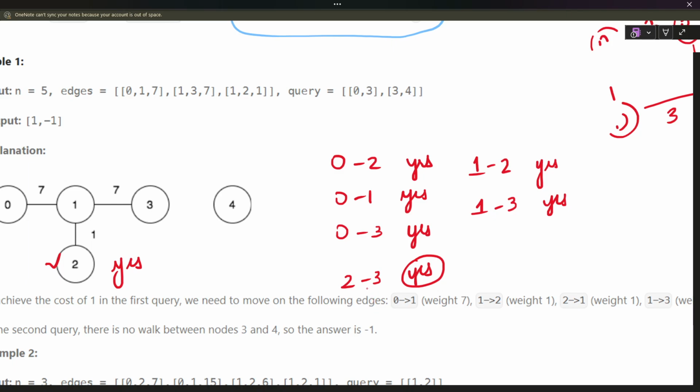Okay. So it means that these all are in the same component, so we can go. Can we go 0 to 4? No. Can we go 1 to 4? No. Can we go 2 to 4? No. Can we go 3 to 4? No. Okay. Why? Different component.